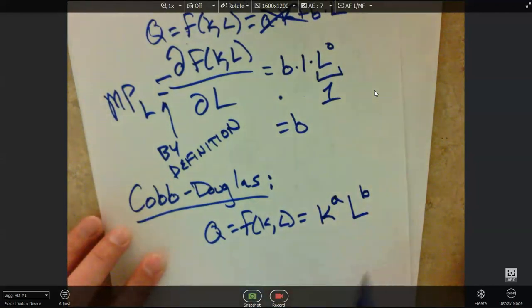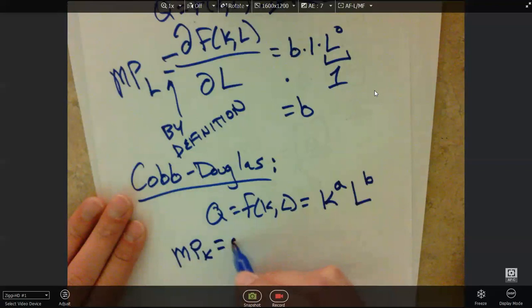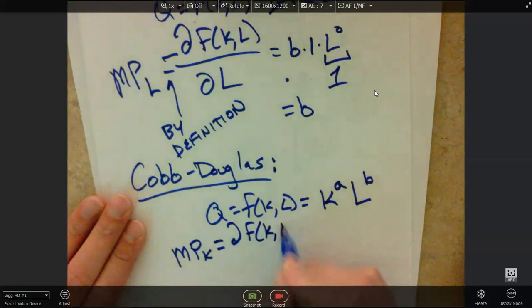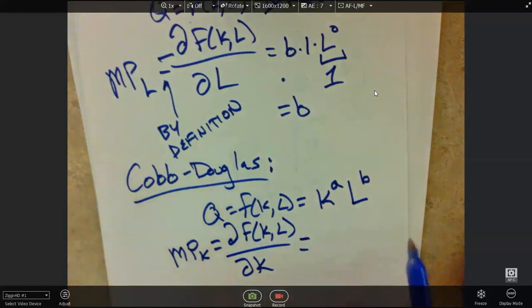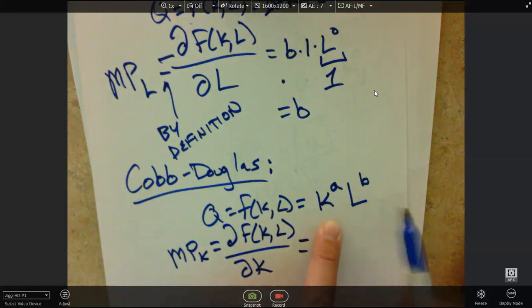So when we take the partial, let's do the capital first. MPK is equal to the partial derivative with respect to K. And since this is multiplied by L, it's no longer a separate term. So we can't just ignore the L. But we can treat the L as if it's a constant, okay?